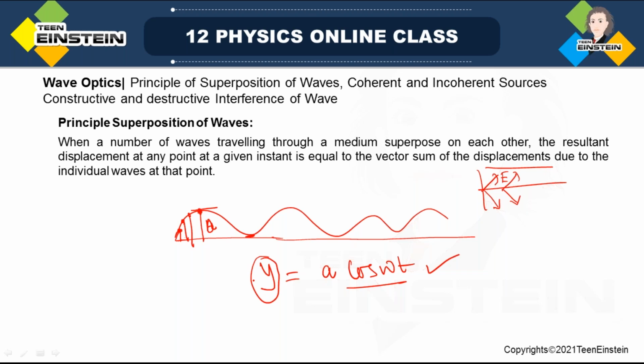So when we express any wave by such an equation, by y, or sometimes it will be some other, x or y or something else, this represents the displacement of the particles in the medium, or in the case of a light wave it is the electric vector or magnetic vector.